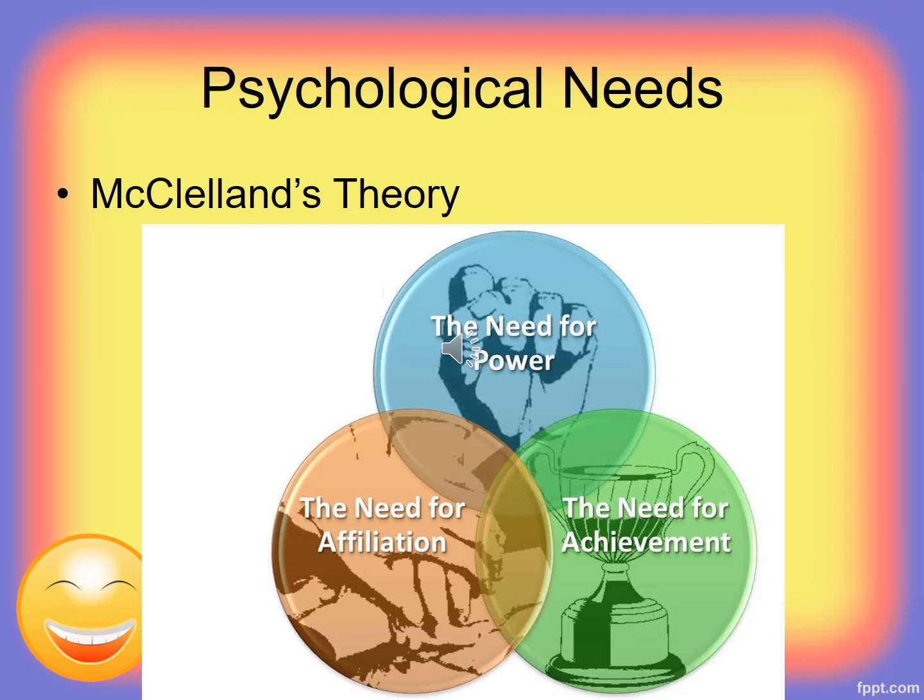People high in this need want more people to like them and want to be held in high regard by others. Normally they are good team players. The second type is the need for power, where they want to have control over other people.